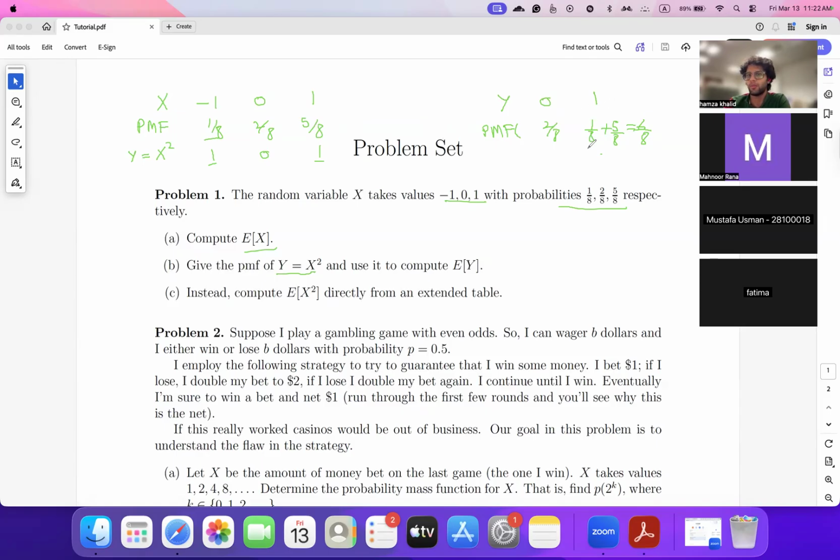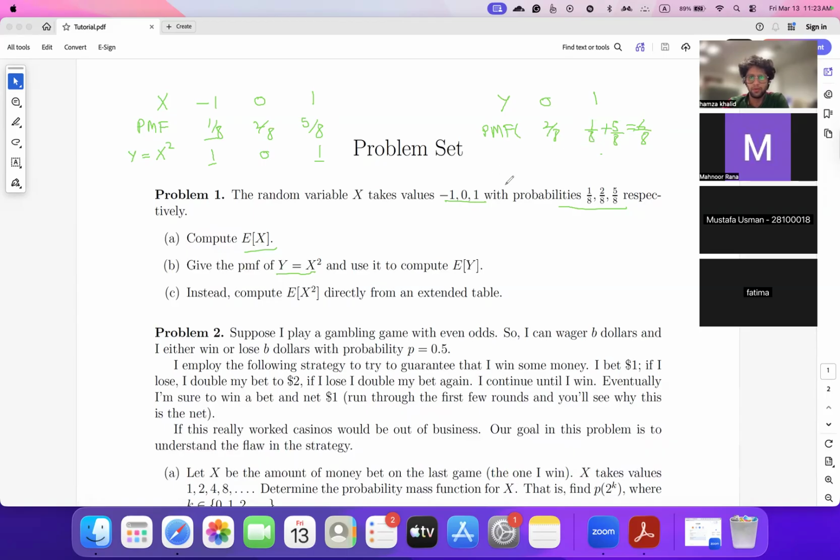Hence, you add up the probabilities: when you get x equals negative 1, you get y equals 1. For x equals positive 1, you also get y equals 1. So you add both of those probabilities correspondingly, and that gives you 6 by 8. Is that clear?